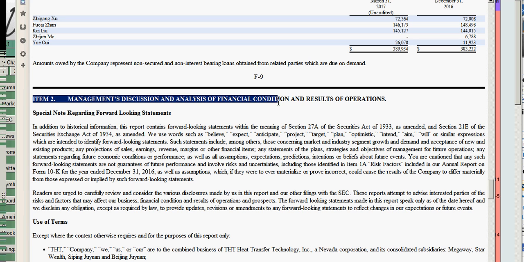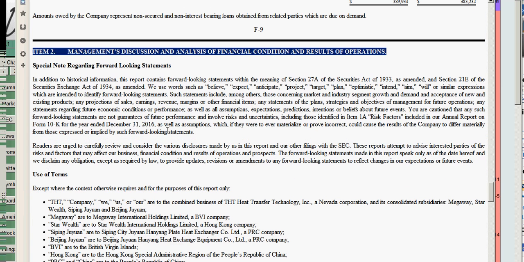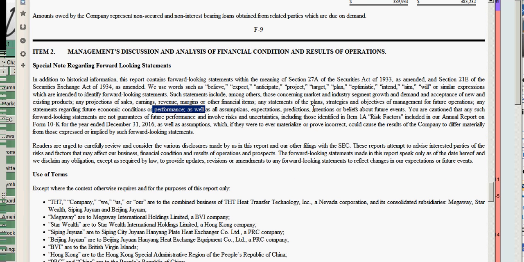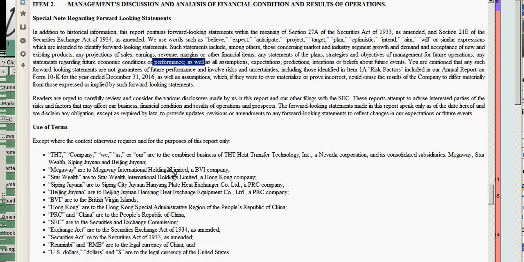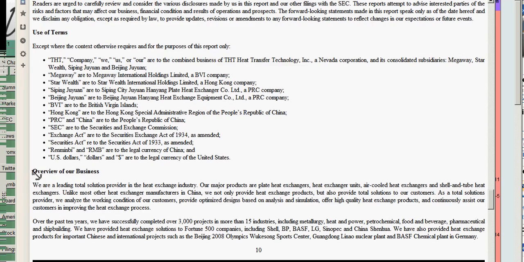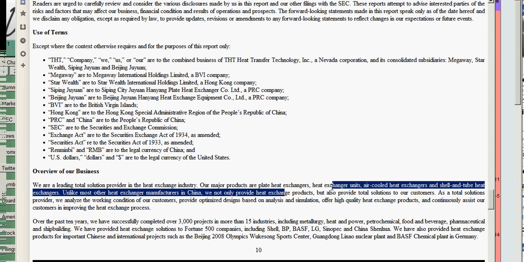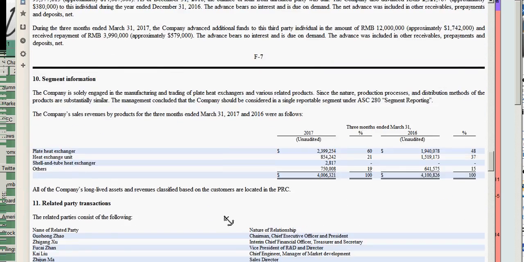You can read this short section about what management is saying is happening with their company. Overview of our business: we're a leading total solution provider in the heat exchange industry. So that's it. That's all you really need to pay attention to on a 10-Q, and if you look at a few of them, you'll find you can do it in less than a minute.